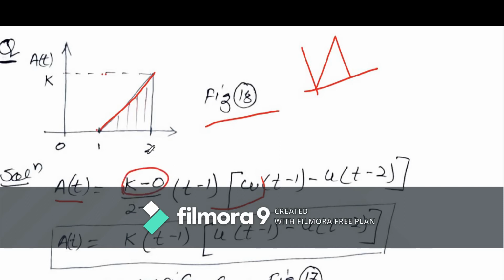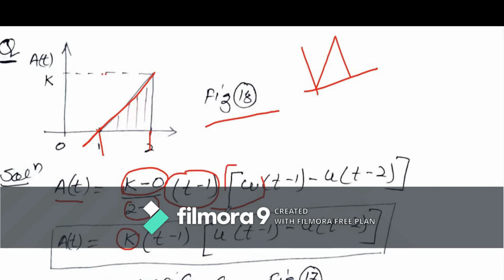T minus, this line is intersecting the x-axis at 1. So I'll write down k into t minus 1. Then a gate function, u of t minus 1 minus u of t minus 2.